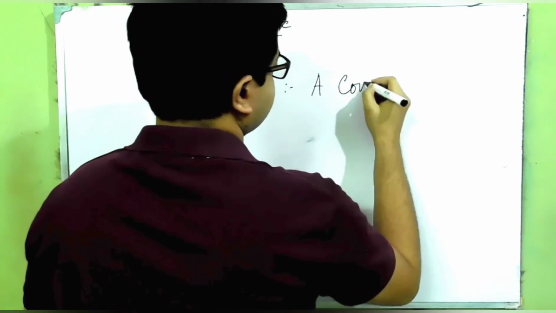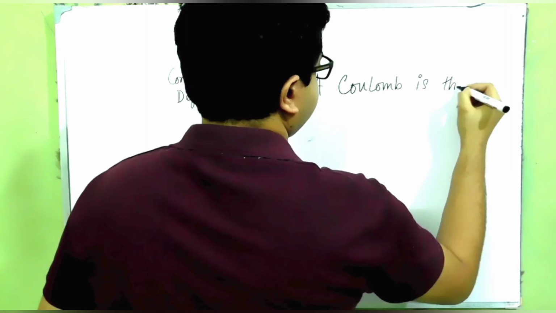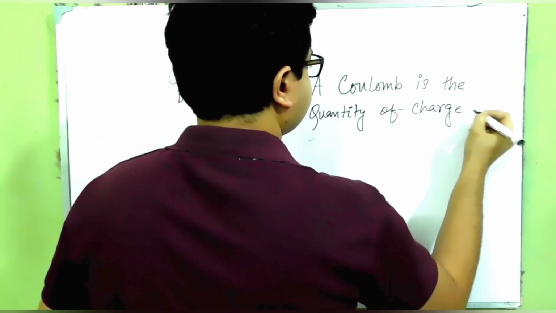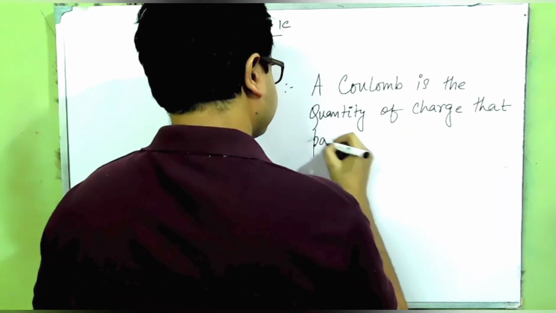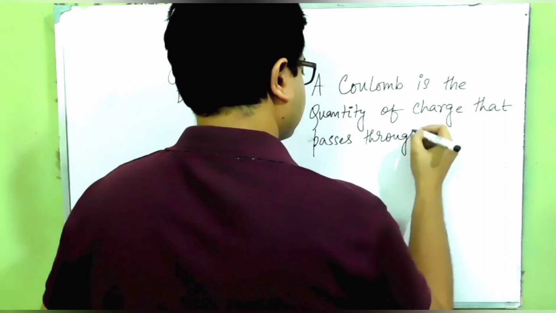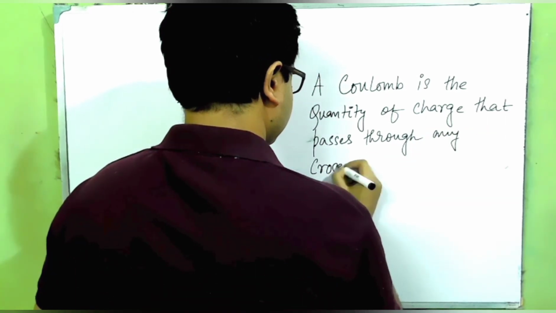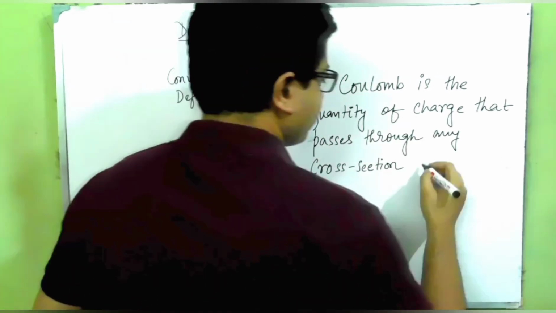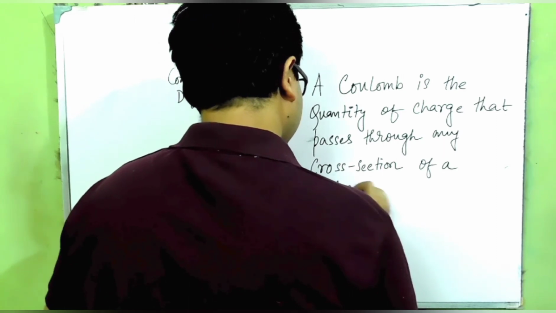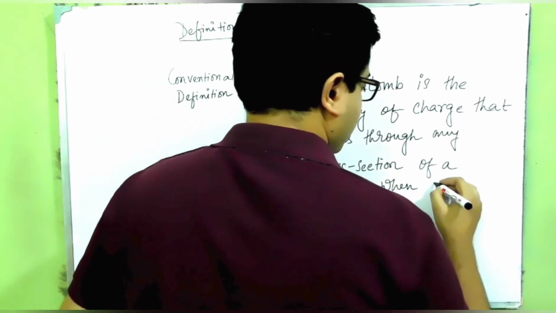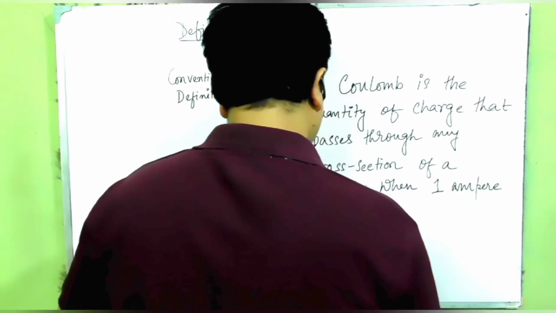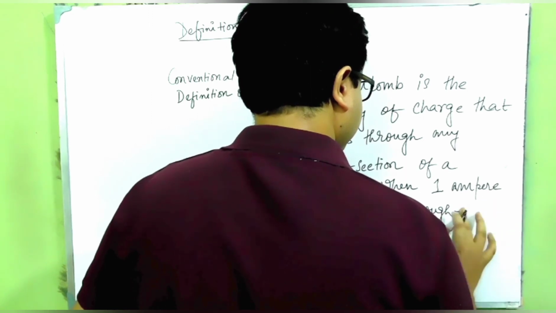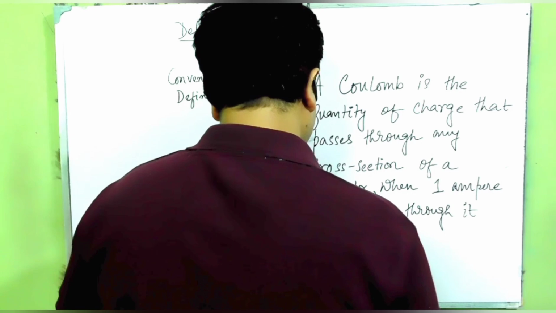The definition states that a Coulomb is the quantity of charge that passes through any cross section of a conductor when 1 ampere current flows through it for 1 second.